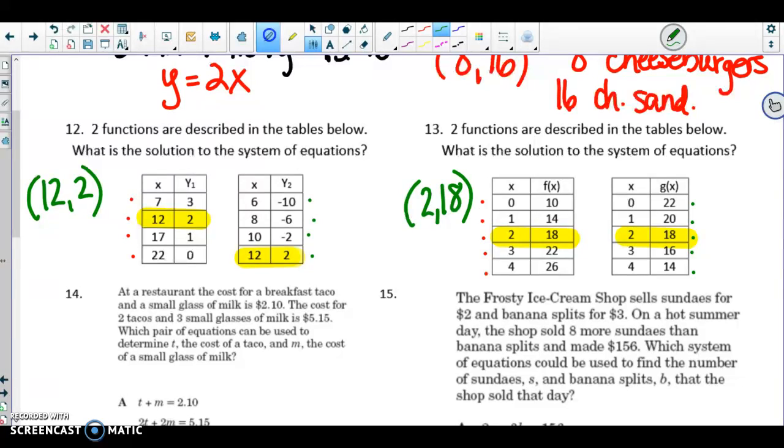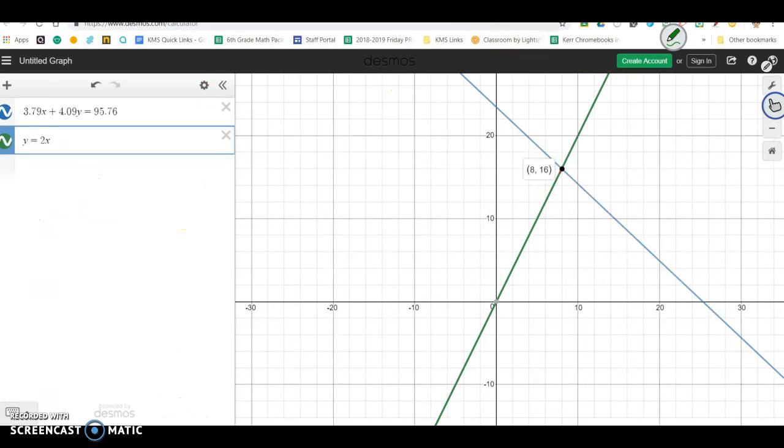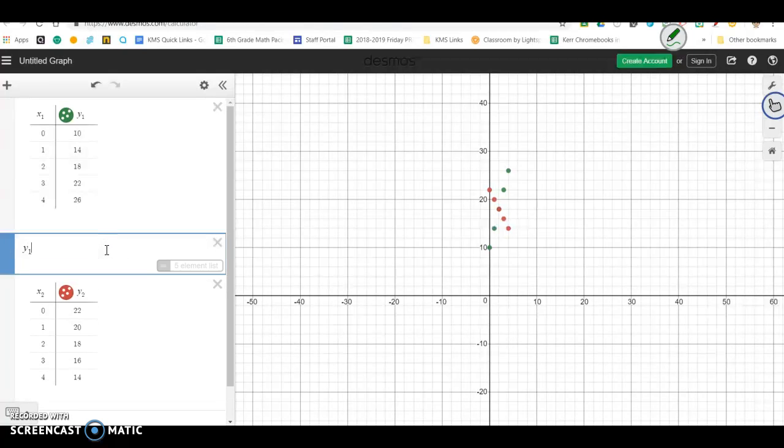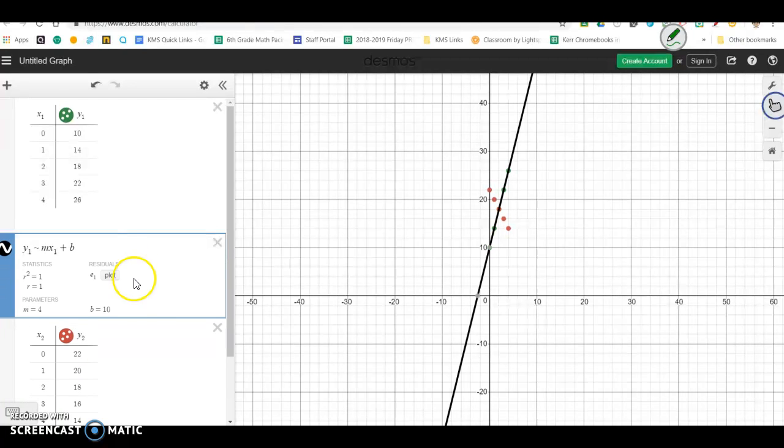Again, I could put them on Desmos and show that, which is pretty easy to do. So we've got our 2 different tables. What I would do here is type in my y1 squiggle mx1 plus b, and it draws my line.